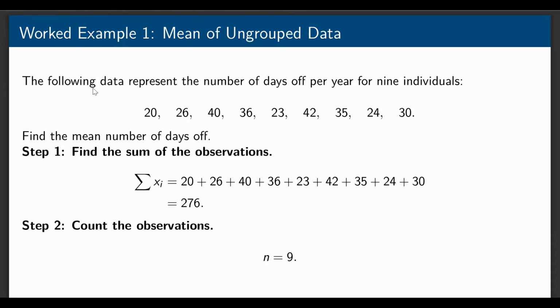So, example: the following data represent the number of days off per year for 9 individuals. Find the mean number of days off. Let's sum all the observations. The total of these gives us 276. How many observations are here? We have 1, 2, 3, 4, 5, 6, 7, 8, 9. So n is equal to 9.